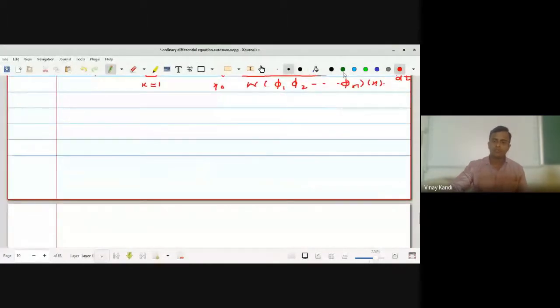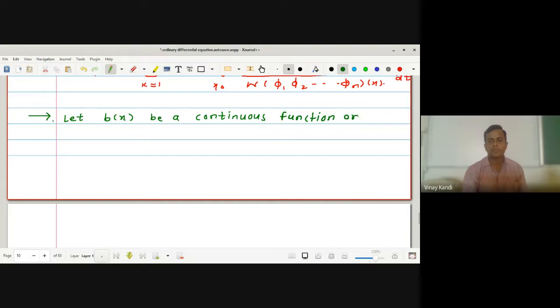Okay, now the proof of this theorem. Let b of x be a continuous function on I, and let phi 1, phi 2 up to phi n be linearly independent solutions of L of y is equal to what? 0.